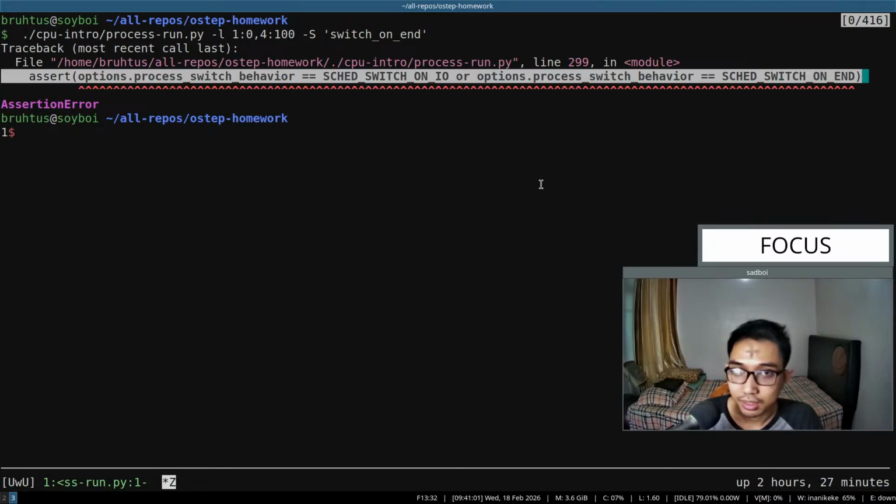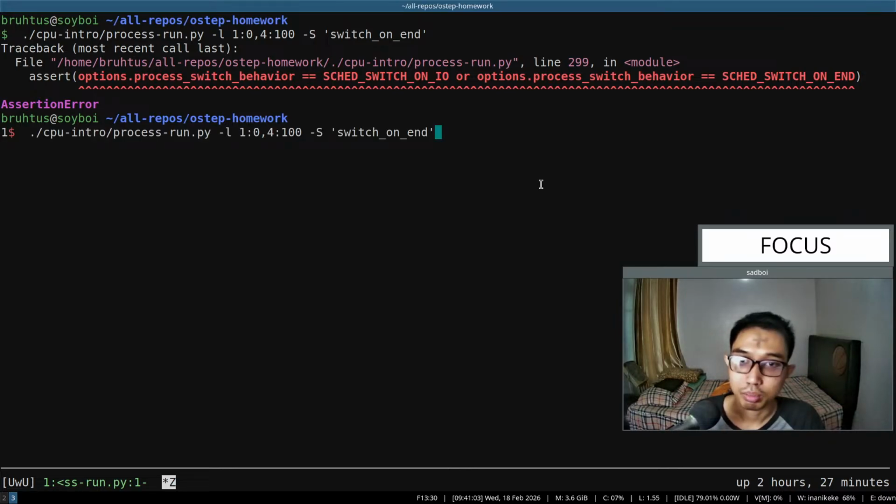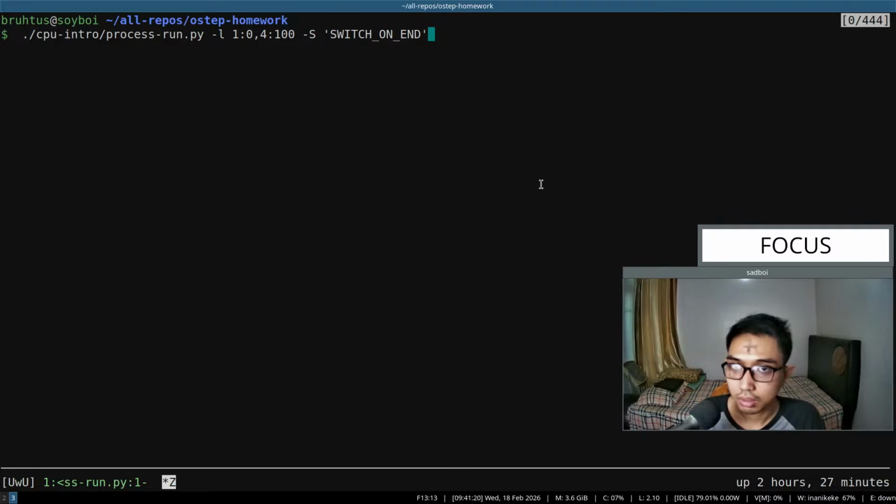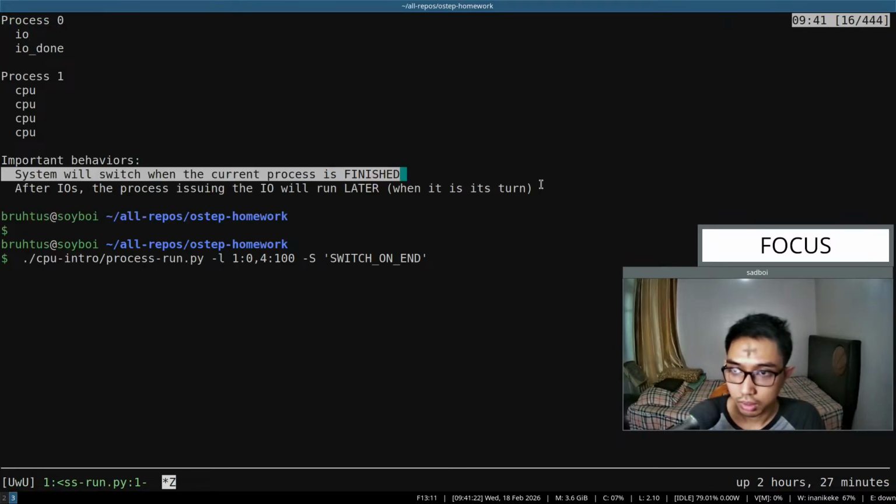We got an assert. It needs to be uppercase. Oh. Uppercase. Okay.